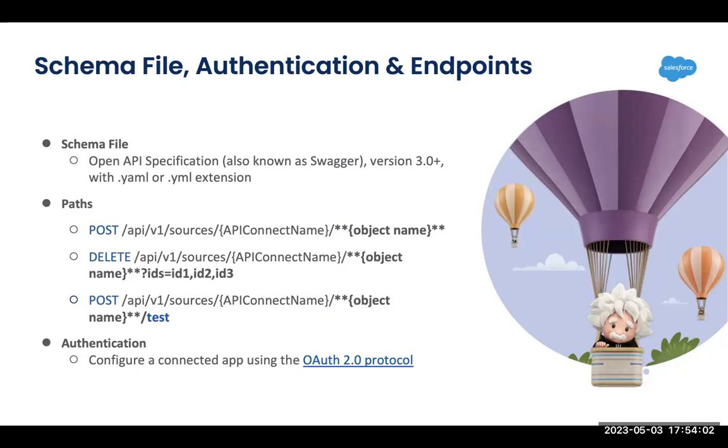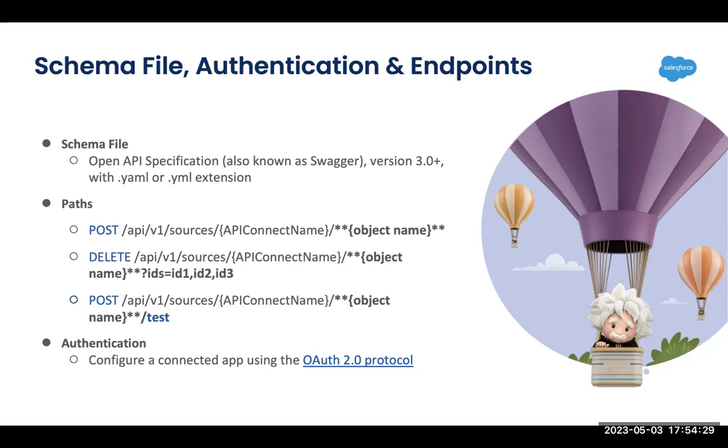You have to design a YAML file which contains your complete definition. YAML is just a format, and you can look at YAML with the JSON structure as well. Once you design the file, you store it as the schema file with the .yml or .yaml extension.